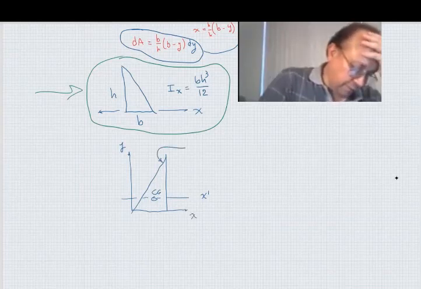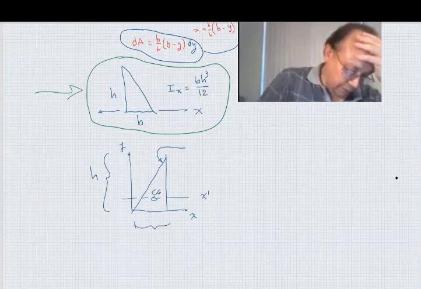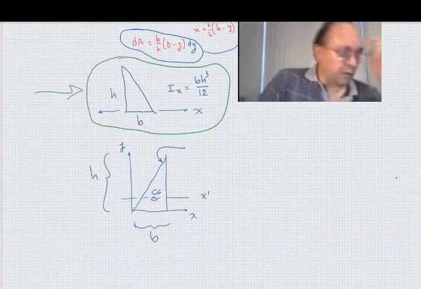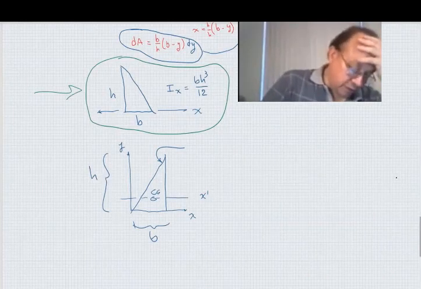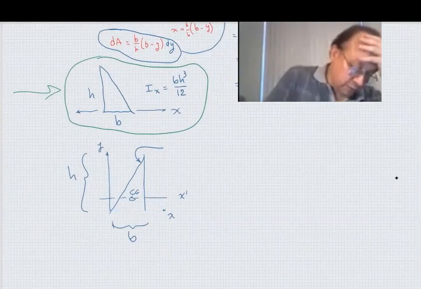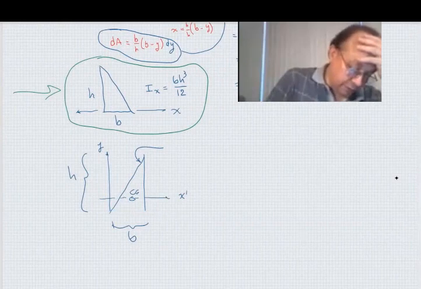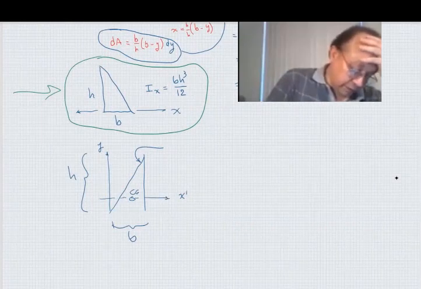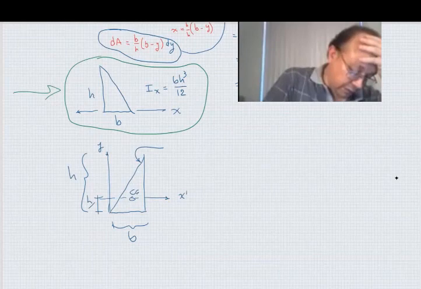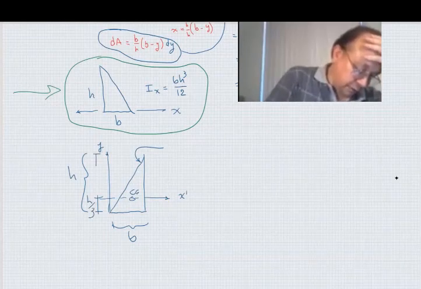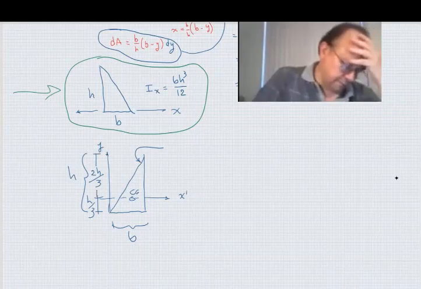This will be h, this will be b. I guess the best way to do this is to drop this axis here and work with this x prime. And then, if this is the center of gravity, this distance is going to be h over 3, and this distance is going to be 2h over 3, right?